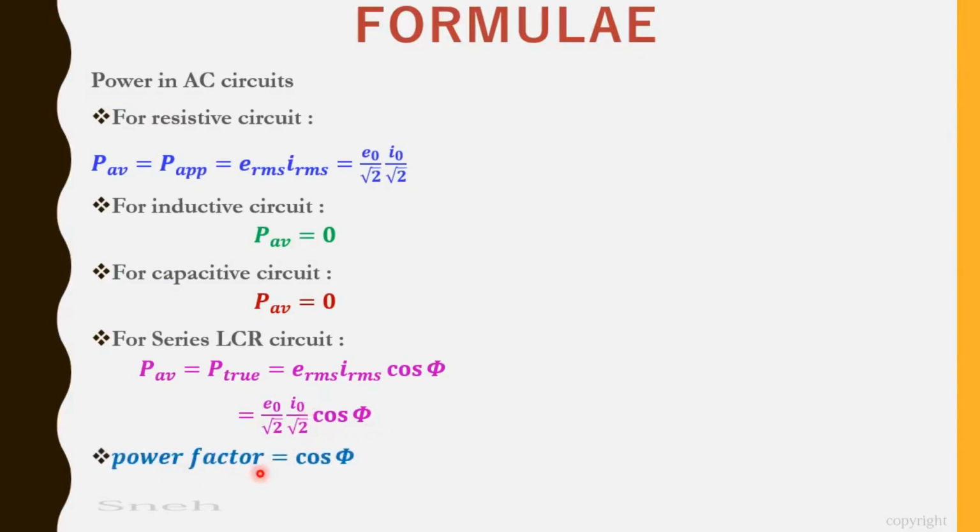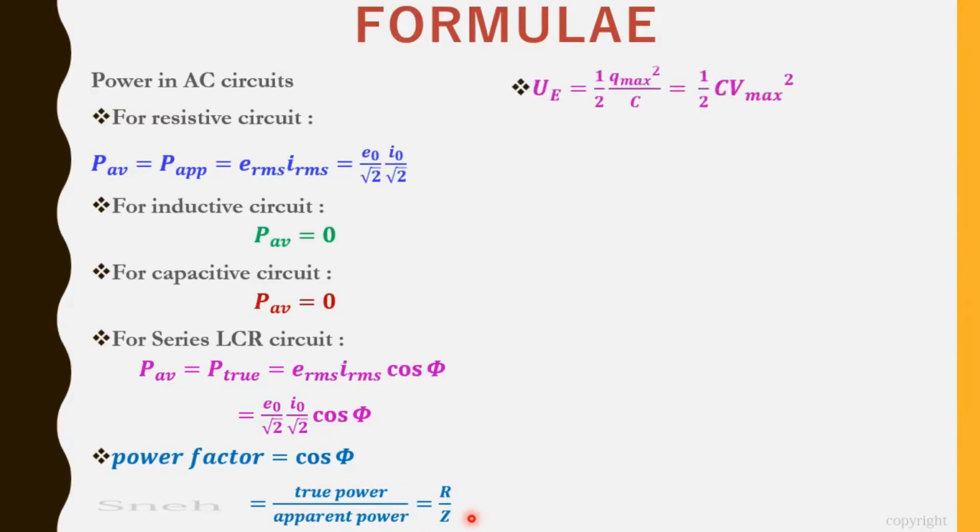Now power factor, which is given by cos phi, is again given by the ratio of true power divided by apparent power, or it is the ratio of resistance divided by impedance. Now we come to LC oscillation part, in which we dealt with electrical energy UE, or energy stored in capacitor, and this is the maximum electrical energy, which is given by half of Q max square divided by C, which we can write as half of C V max square also.